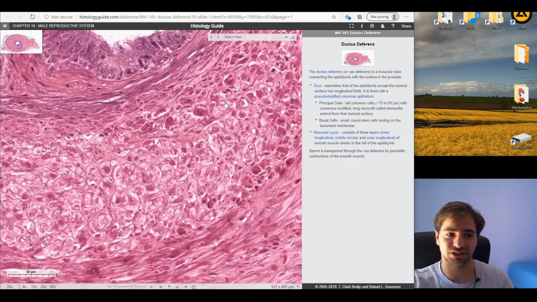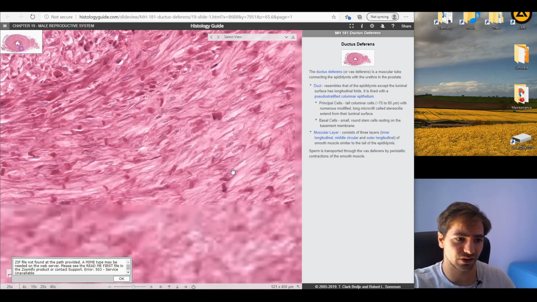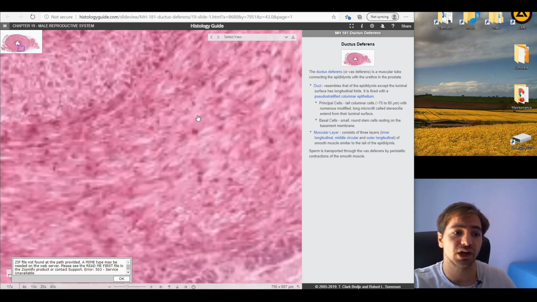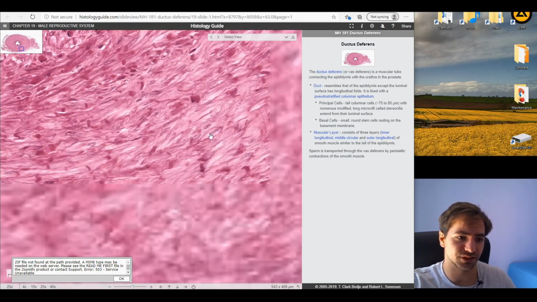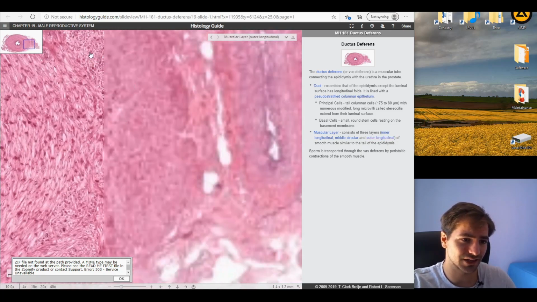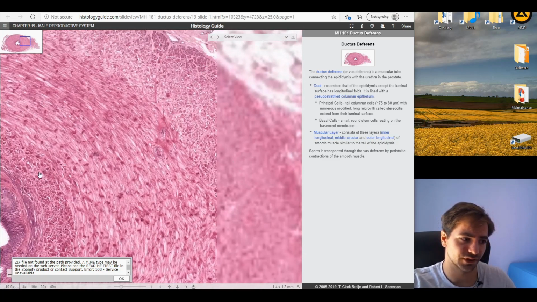We can see this is a cross section of the smooth muscles. Now, this is the circular layer. We can see exactly the same feature, along with the very nice contractions of the smooth muscles. We can actually see it right here. There is one typical contracted state of the smooth muscle in this case. And lastly, the outer longitudinal layer, which has exactly the same morphology as the inner layer of the smooth muscles, as we saw before.